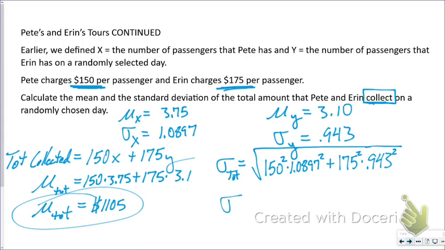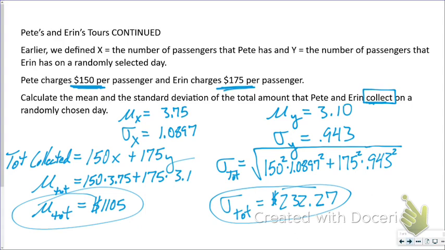You can type that in one long line. That is A-OK. And you should end up with 232.27. I'll rewrite that too. All right. That's question 1 about collected.